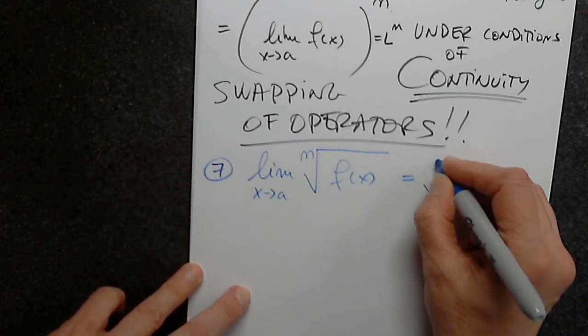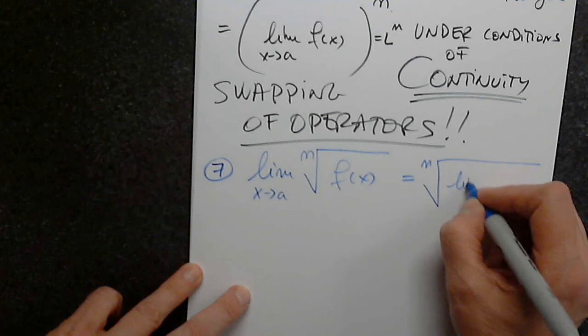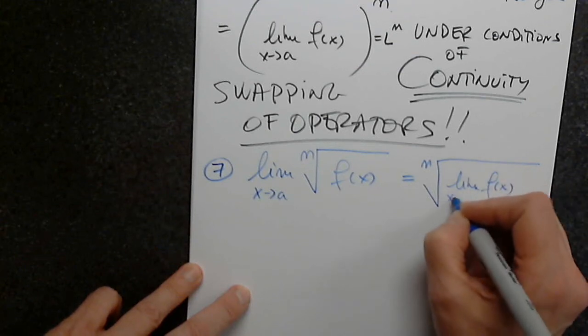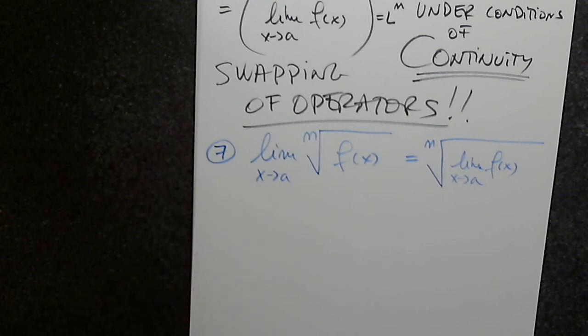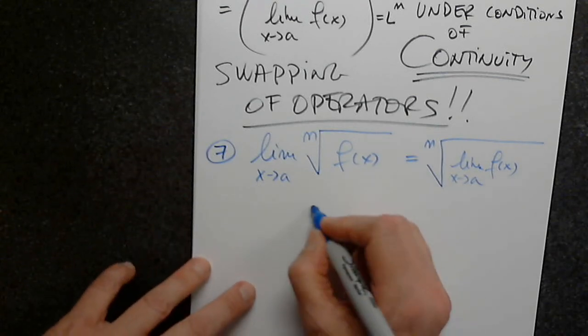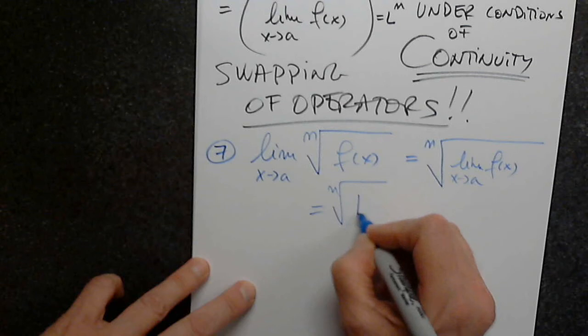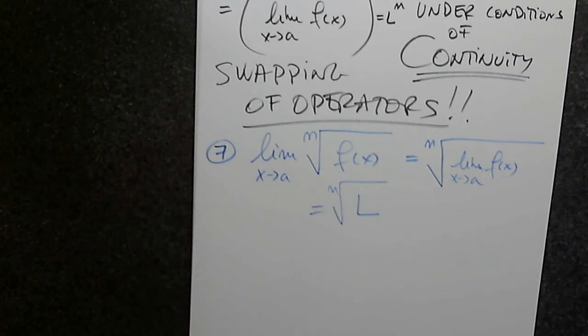The nth root of the limit of f of x as x approaches a. Under the same conditions of continuity, I was allowed to swap the operators, and the answer will be the nth root of L. Any questions?